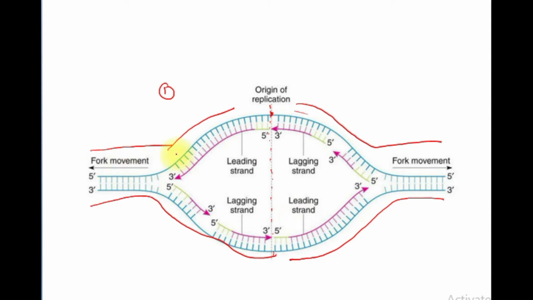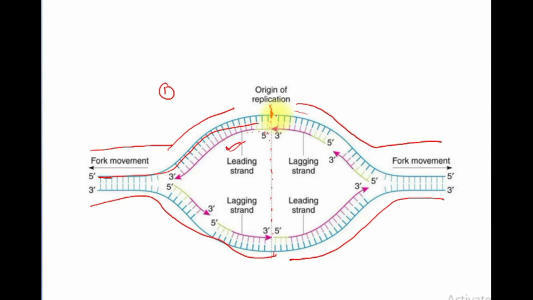See, in this fork, the replication will start from here, because the replication will be continued in 5' to 3' direction. That means it is a leading strand. For this parent strand, this will be the leading strand.